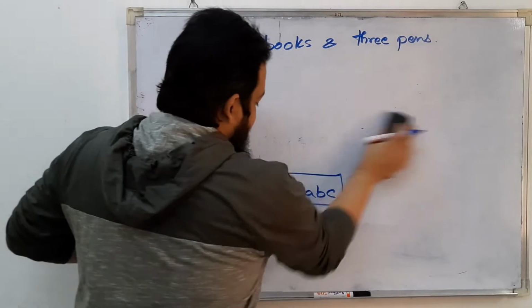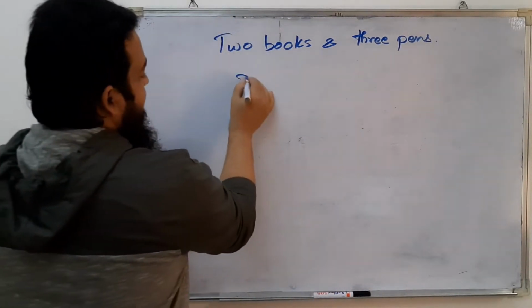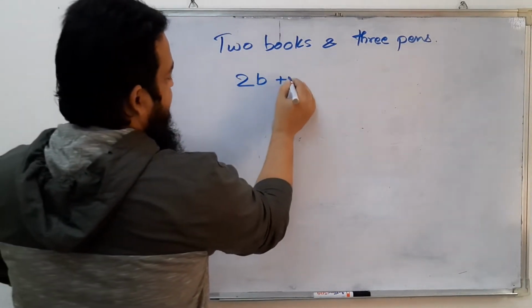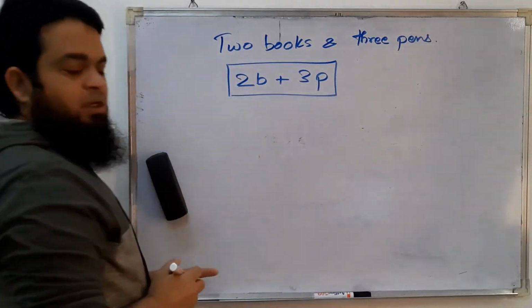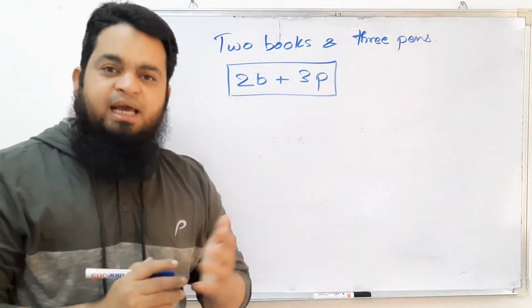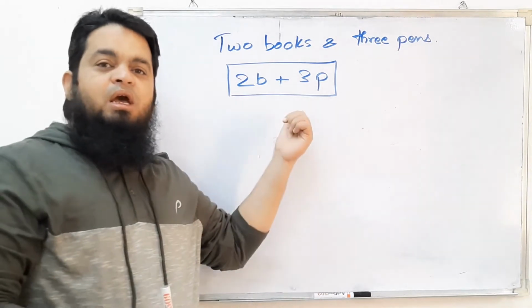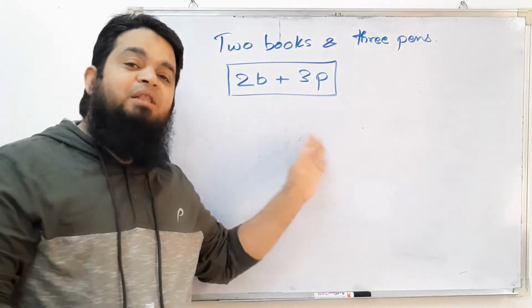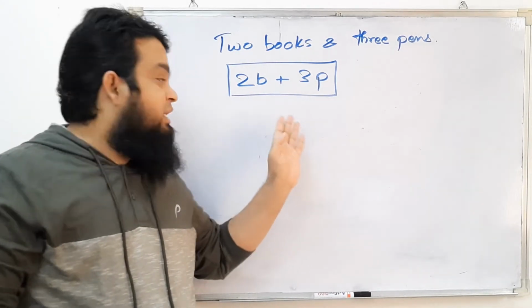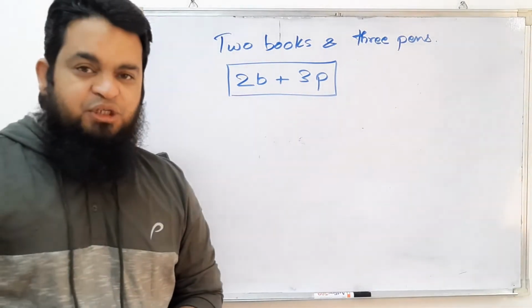Mathematically I write this as 2 books plus 3 pens. So it is an algebraic expression. This is how whatever we do in daily life, we can convert it into an algebraic expression mathematically.